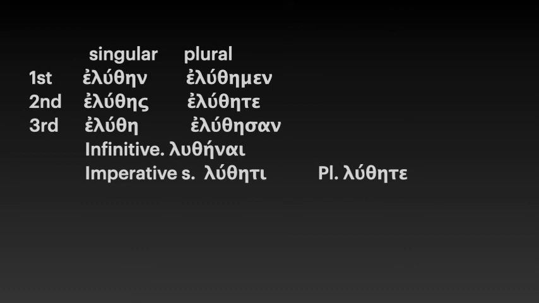I looked at that because I was going to give our model word as erethen, but it was actually more problematic than anything here. We can occasionally see the same thing with the imperatives, but I think the best thing is to look at examples.